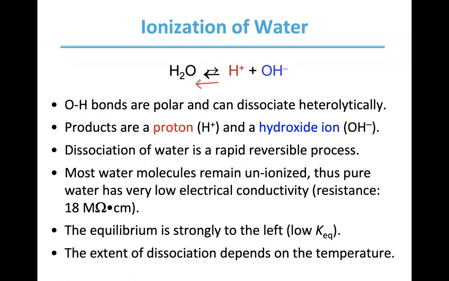Water does not really want to dissociate. What's the reason for that? You have a nice neutral, stable molecule of water. Why does it want to break up into proton and hydroxide? It does so to a very small extent, and the equilibrium is strongly shifted to the left.